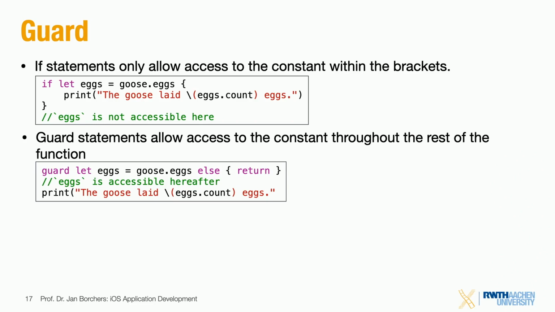If you're thinking about indentation, for the if-let you're indenting way further, while guard stays on the same level. Does that make a little bit more sense for the difference? Okay.